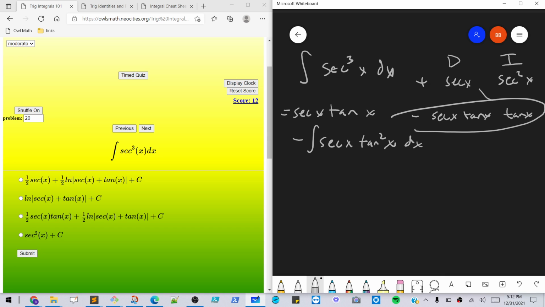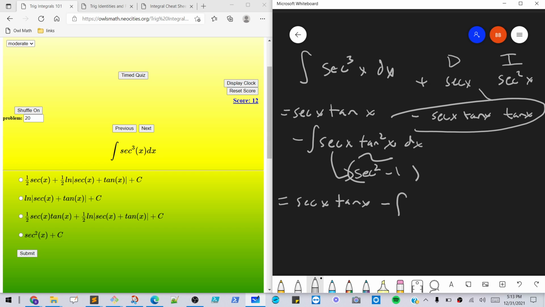Now this integral can seem kind of tricky. What we can do, though, is rewrite tangent squared as secant squared minus 1. Okay, so then let's rewrite this whole thing, and we'll distribute this in here.